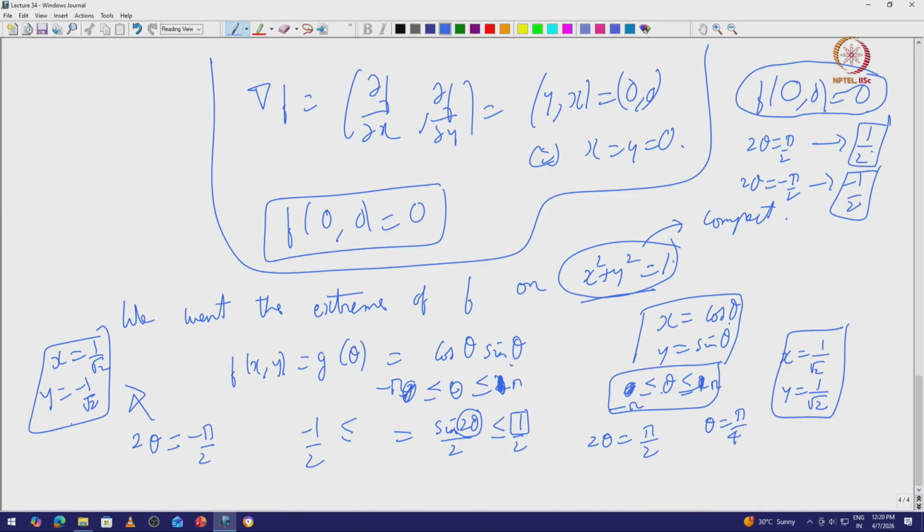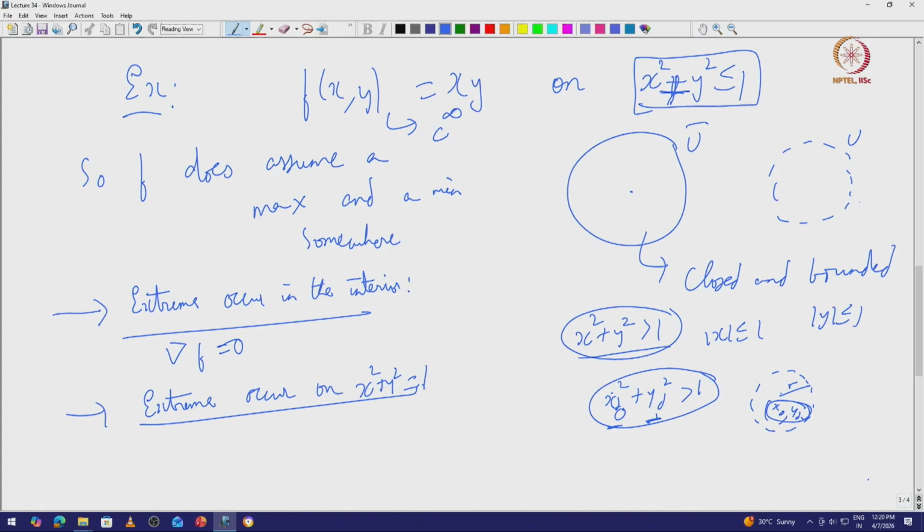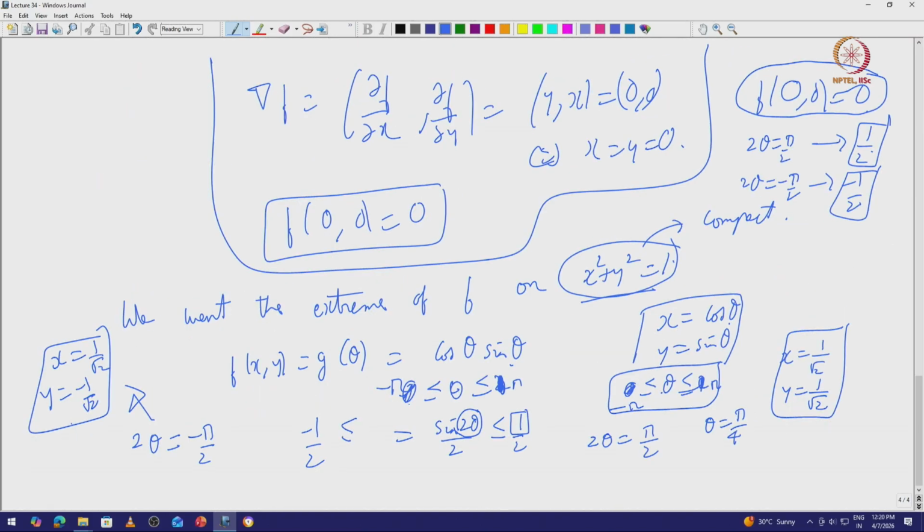Okay. So this is a rather complicated affair, right? Because it's sort of easy to find out where the gradient is 0. The trouble is, when you go to the boundary, what you are trying to do is to find the maximum or minimum possible values of a function subject to a constraint.